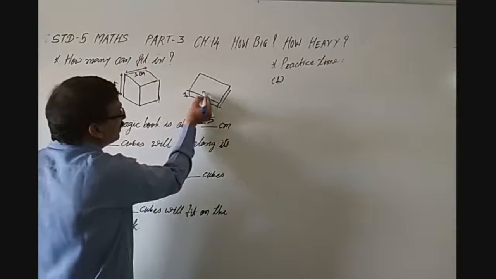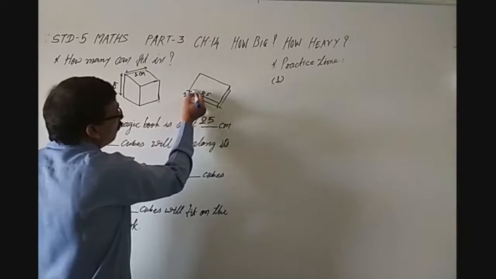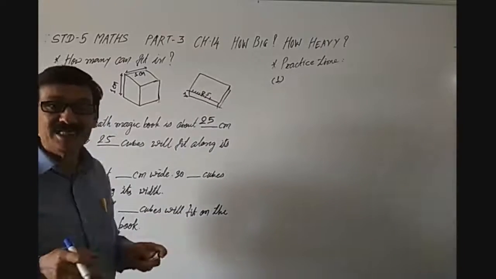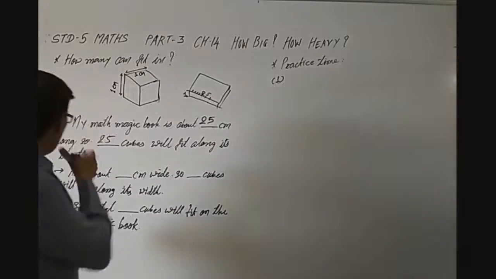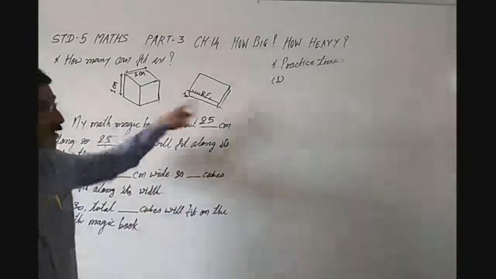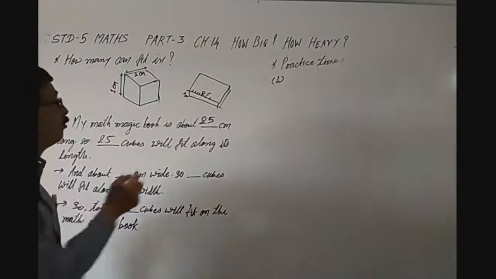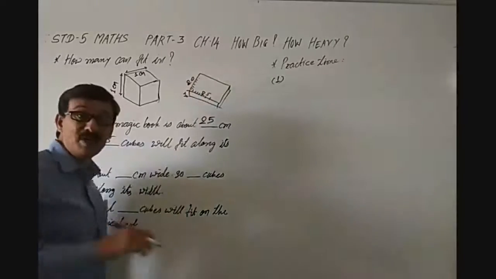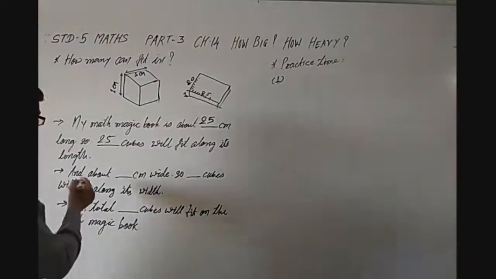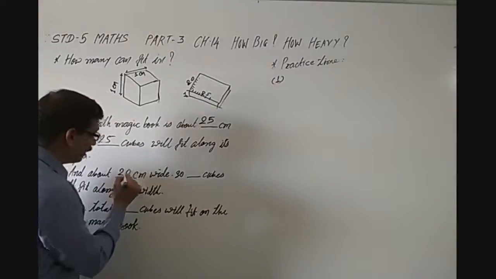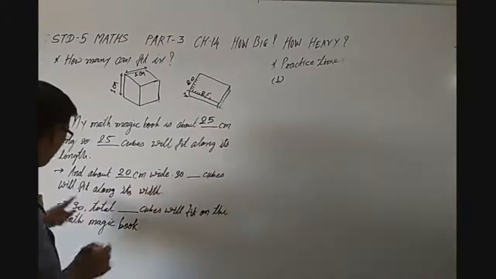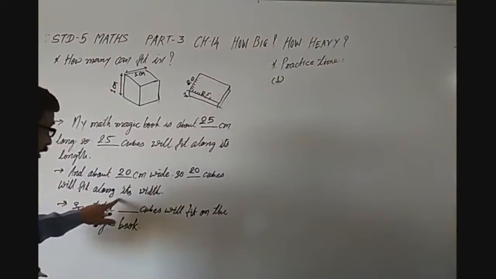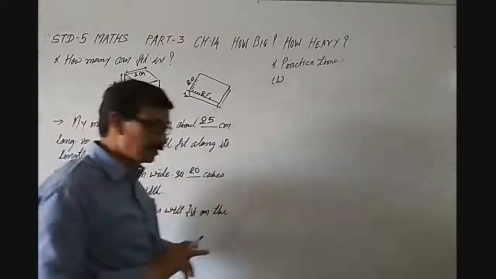Now the length is 25, so we can arrange 25 cubes of 1 centimeter. Now suppose the width is 20, so we can arrange a total of 20 cubes, isn't it? About 20 centimeter wide, so 20 cubes will fit along its width.